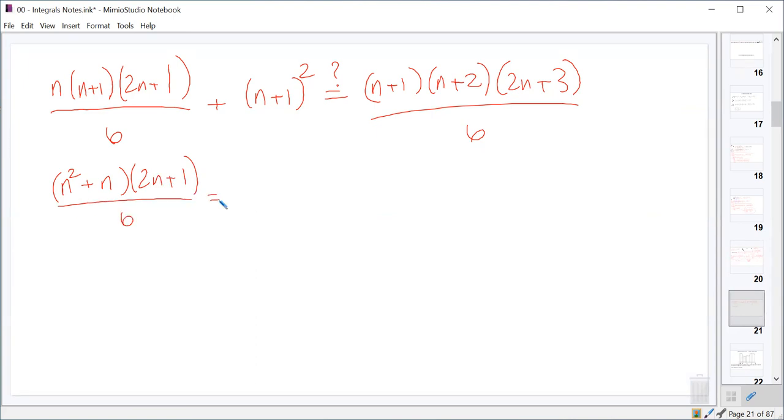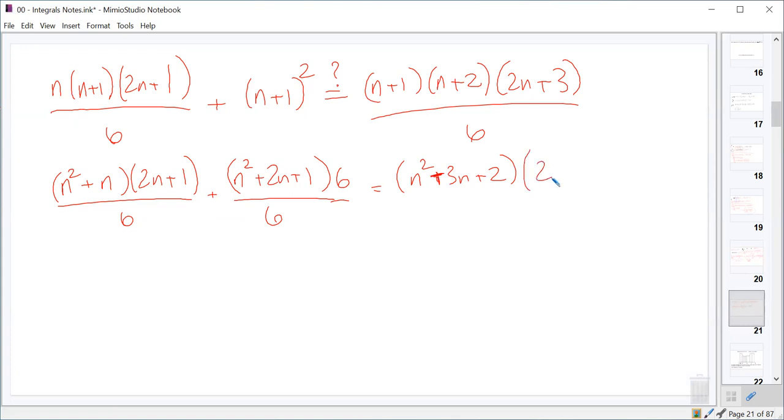And then if I distribute this out, this will be n squared plus 2n plus 1. And I'm going to just get a common denominator right now. I'll multiply by 6 over 6. And then over here, we're going to have to distribute this out. So we'll do the first two to begin with. That'll be n squared plus 3n plus 2 if I multiply n plus 1 by n plus 2.